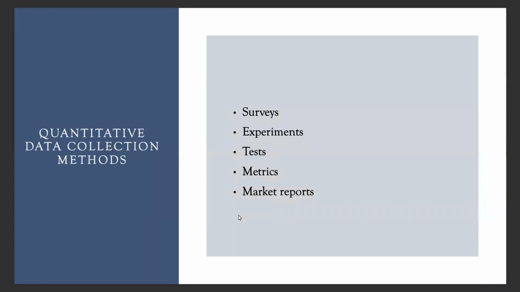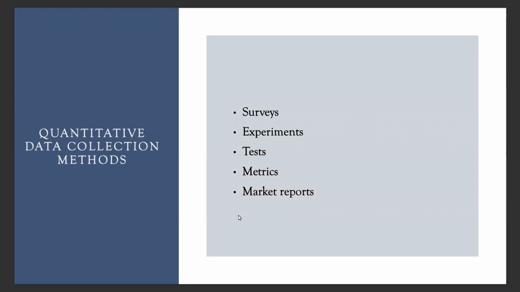So quantitative data collection methods can include surveys, like I explained before, and some experiments. If you are a physicist doing lab experiments, you are collecting quantitative data by doing those controlled experiments.